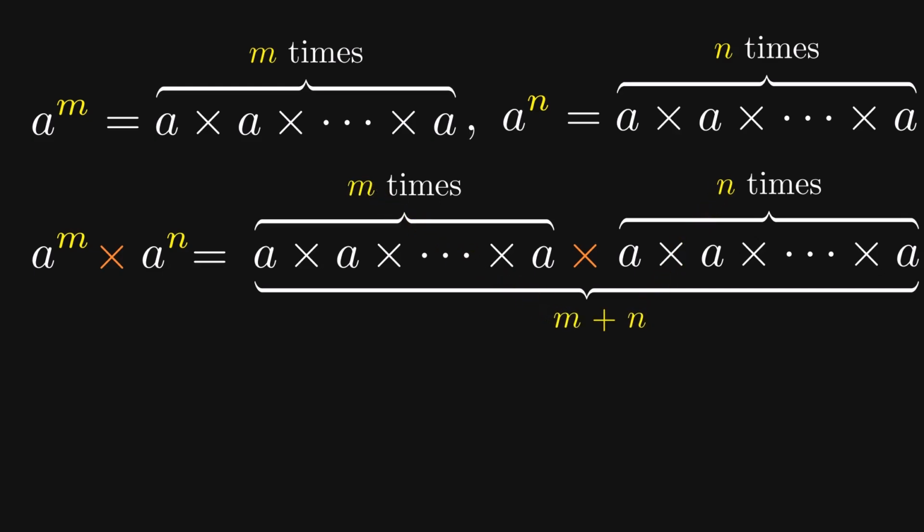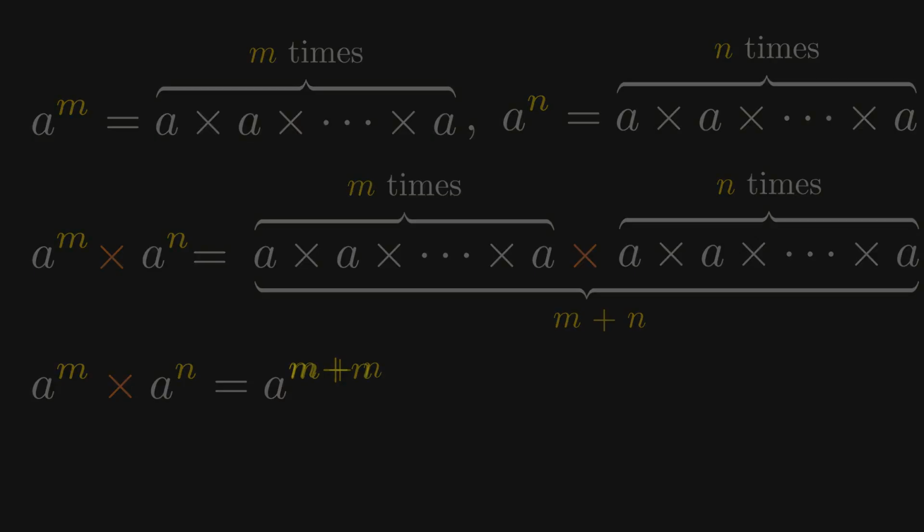That means a is multiplying itself m plus n times. But we already know that when a number multiplies itself a certain number of times, we write it as an exponent or power. So this must mean that a to the power of m times a to the power of n is equal to a to the power of m plus n, which is exactly what the multiplication law states.